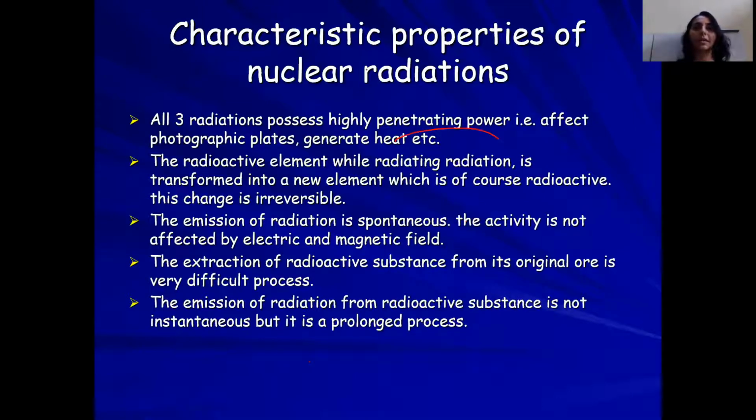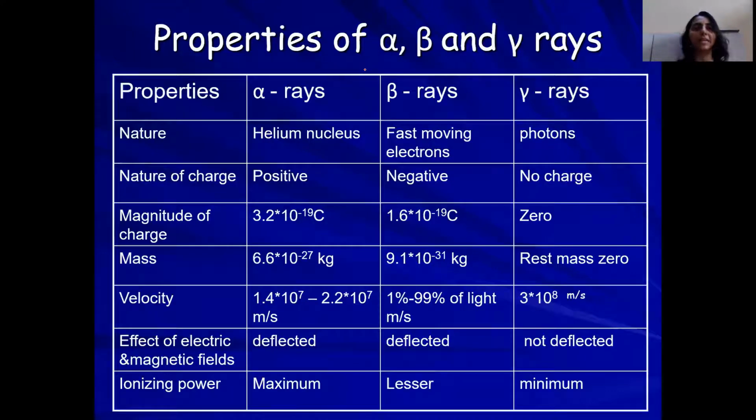Let us see a comparative of the properties of alpha, beta, and gamma rays. The nature of alpha is a helium nucleus, beta is fast moving electrons, and gamma is photons. Nature of charge: positive, negative, no charge.